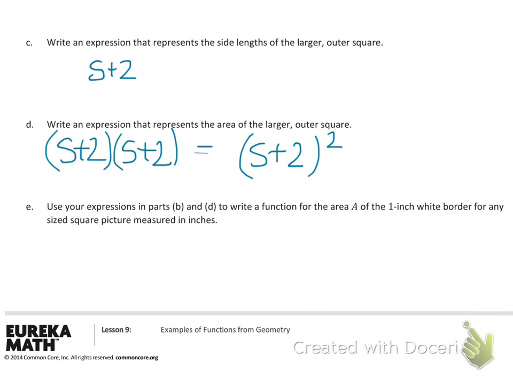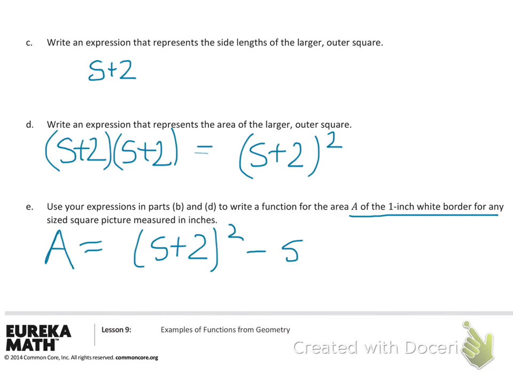Okay, use your expressions in part B and D to write a function for the area A of the 1-inch white border for any sized square picture measured in inches. So A is the area of the 1-inch white border, and I'm going to use the same method I used before, which is to take the area of the larger square, the whole thing, and subtract off the inside, which is S squared.